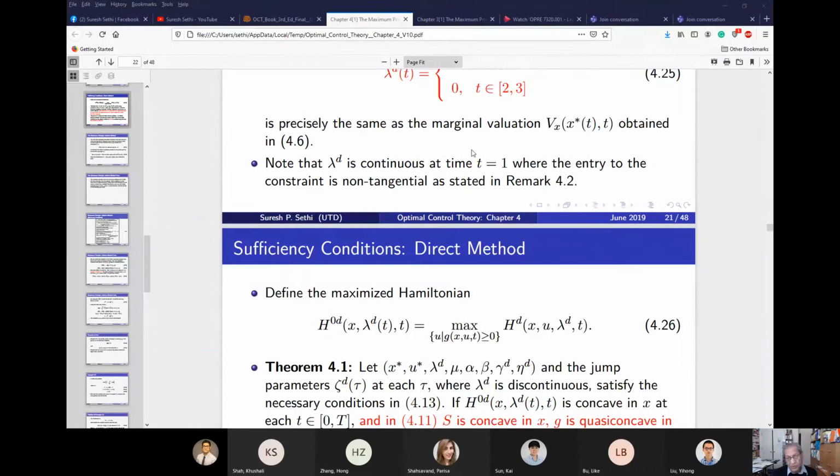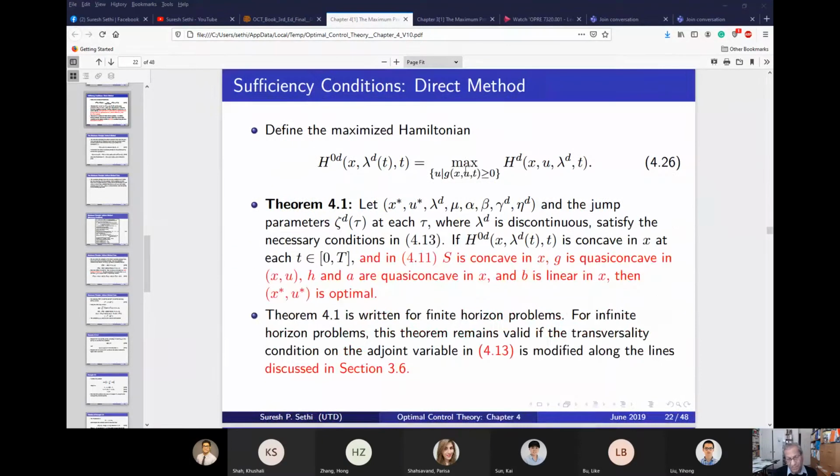As I mentioned to you, the sufficiency conditions apply in the direct formulation, so it is pretty much the same. I define the maximized Hamiltonian, and I get all of those. If they satisfy the necessary conditions, and if this is concave in X, which we also had in chapter 3, and these other functions are like that, and of course now there's h.